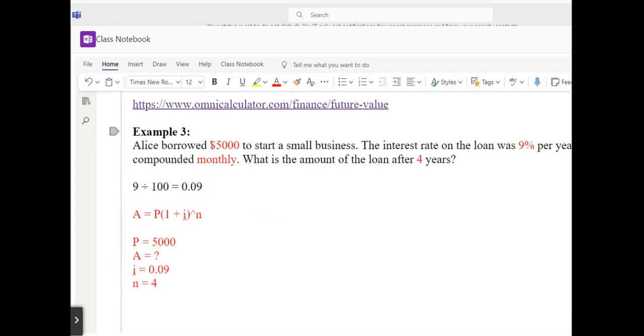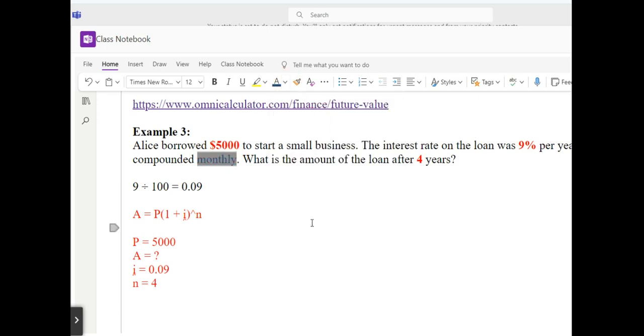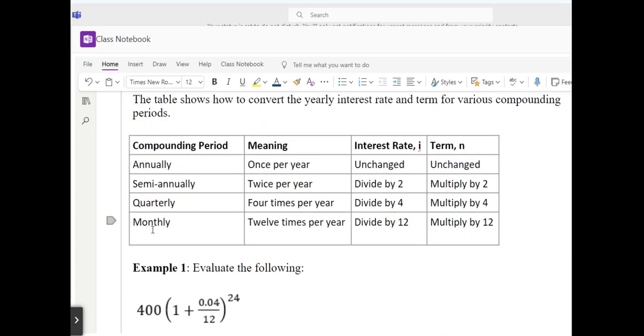Now, again, we've used the 5,000, we've used the 9%, we've used the 4, but we haven't yet used this monthly. And so what we found from before was that when this was semi-annually, we divided by 2 for the I, multiplied by 2 for the N. Now for monthly, that means we divide by 12 and multiply by 12.